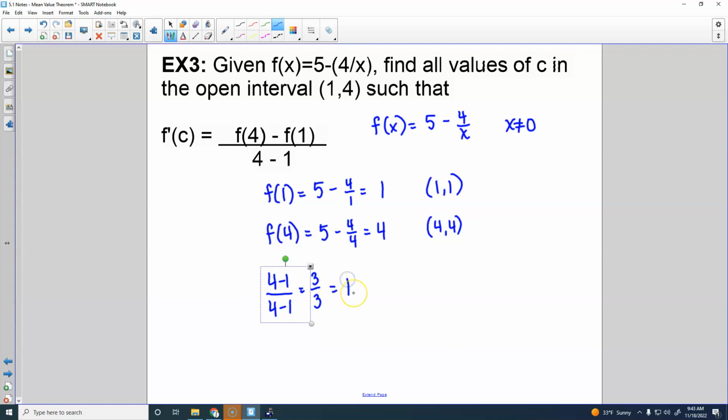So we just have an average rate of change of 1. So this is my average rate of change of f on the interval from 1 to 4.